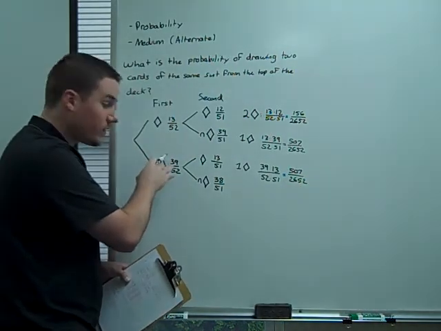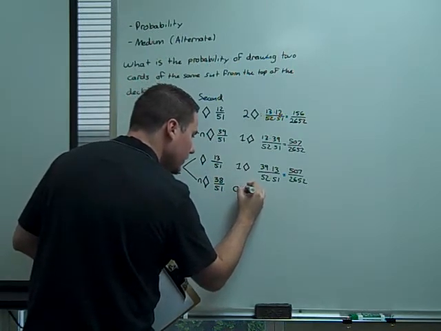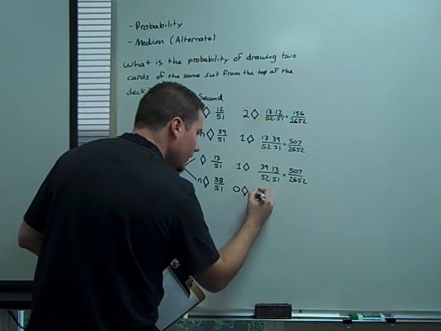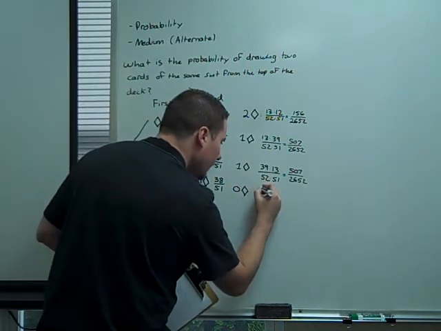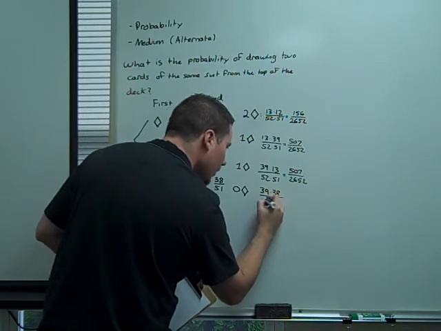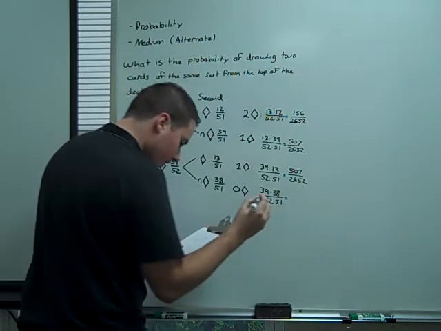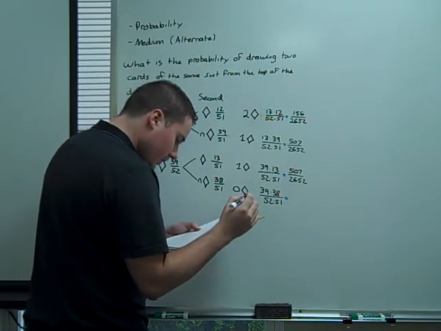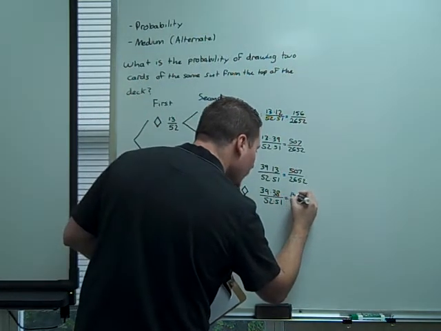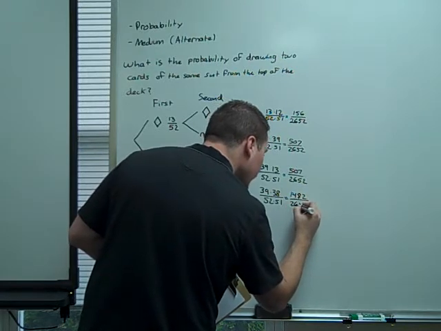Here is the occurrence of there being no diamonds. So this is 0 diamonds, which is 39 times 38 over 52 times 51, which is 1482 over 2652.